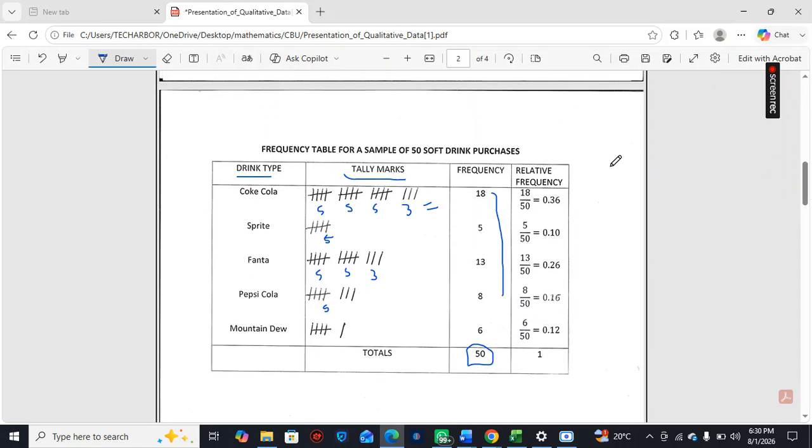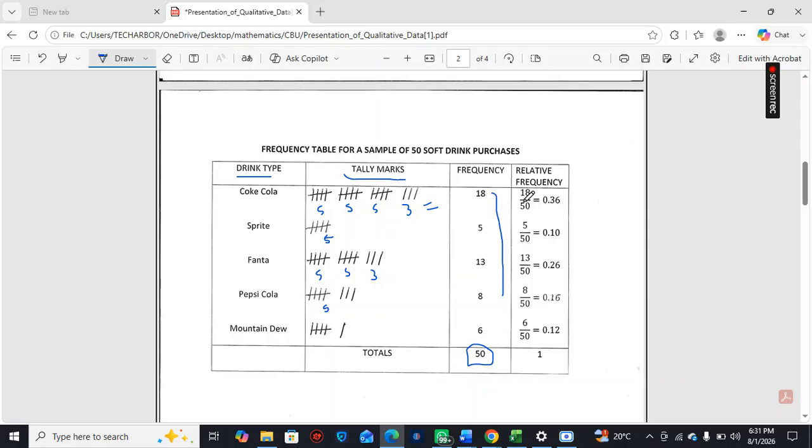Now we have the relative frequency here. This is just telling us, out of these 50 purchases, what percentage is Coca-Cola? Out of these 50 purchases, what percentage is Sprite? What percentage is Fanta? So as you can see, for Coca-Cola, we had 18 purchases.